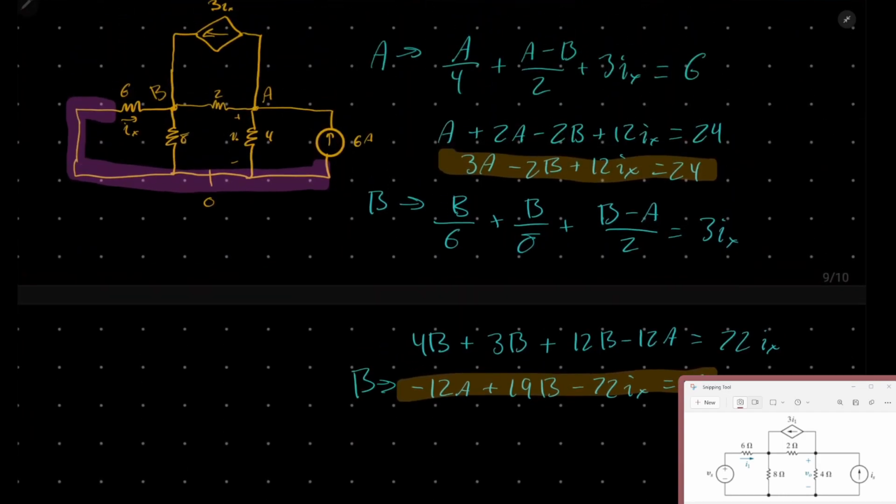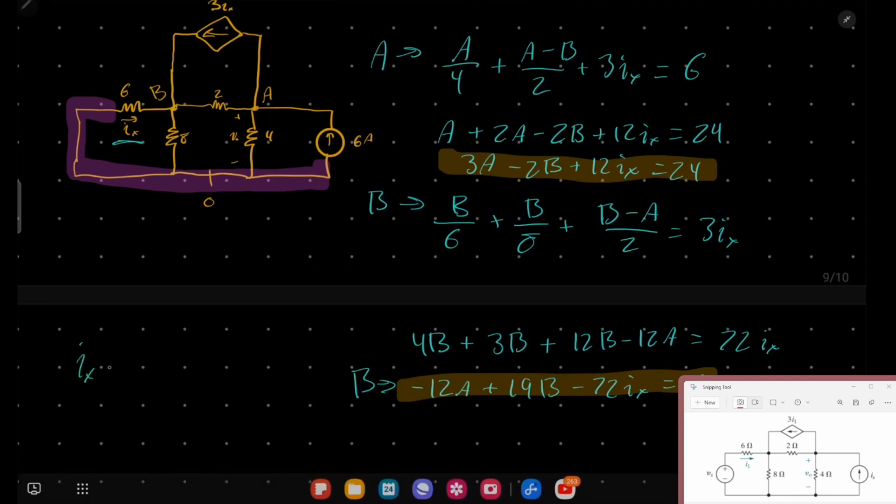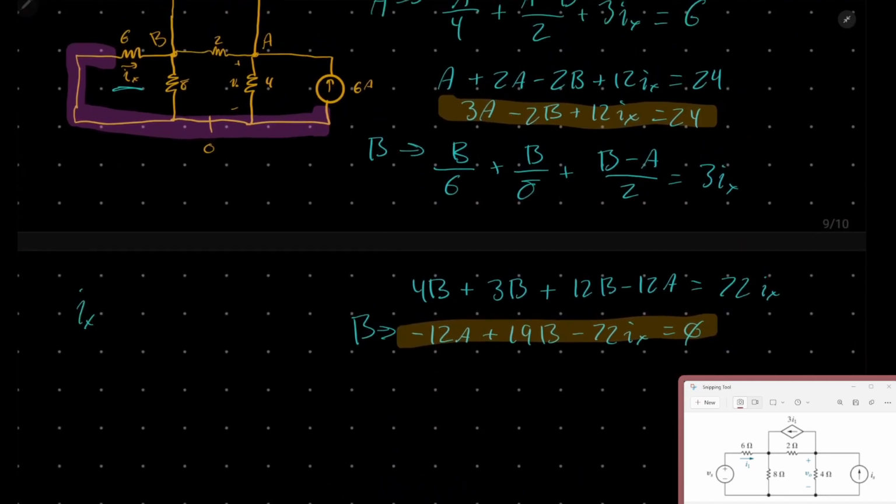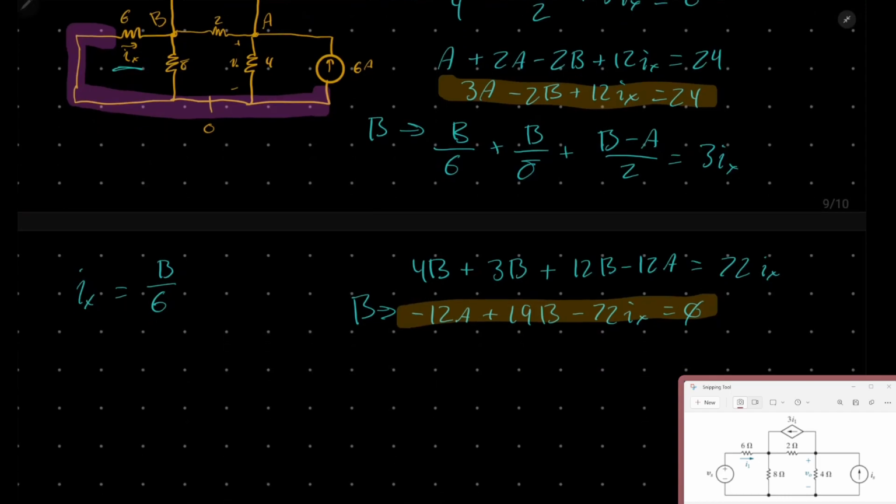And now we also need an equation for our ix right here. And then we just see that our equation for Ix is just equal to B over 6, because our 0 node is on the other side of this 6 ohm resistor. So then we'll put all of our unknowns on the right side.